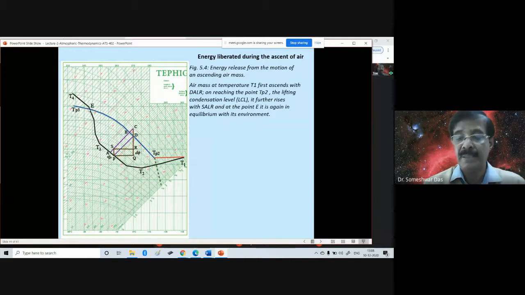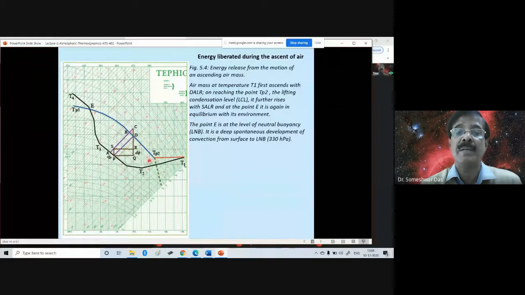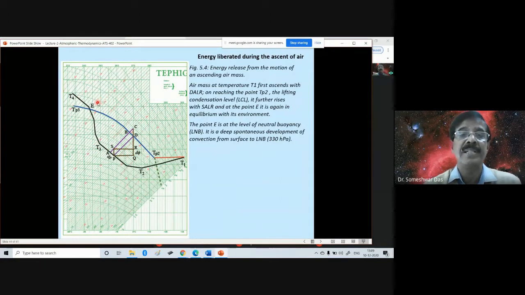There are many more things which we get from the diagram. Point E is the level of neutral buoyancy, already explained. It is a deep spontaneous development of convection from the surface to the LNB. What is LNB? The level of neutral buoyancy. In this case it is 330 millibar.